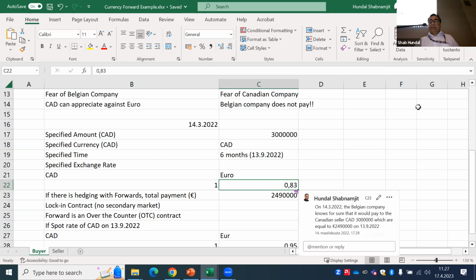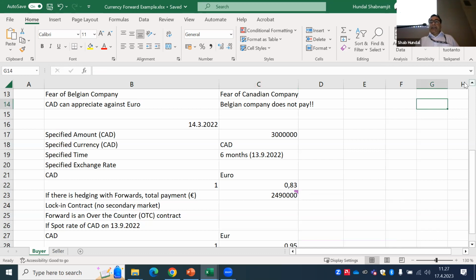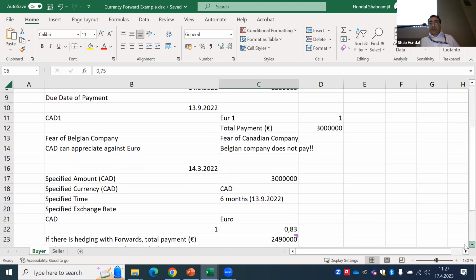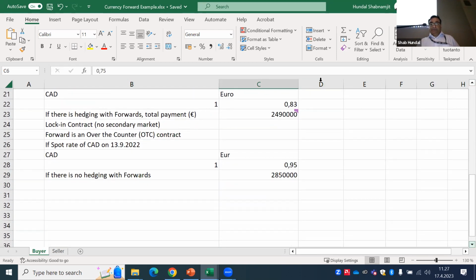So please remember one thing: when you are an importer, you are afraid that the foreign currency would appreciate. This is your biggest fright, and this is why you have this contract.